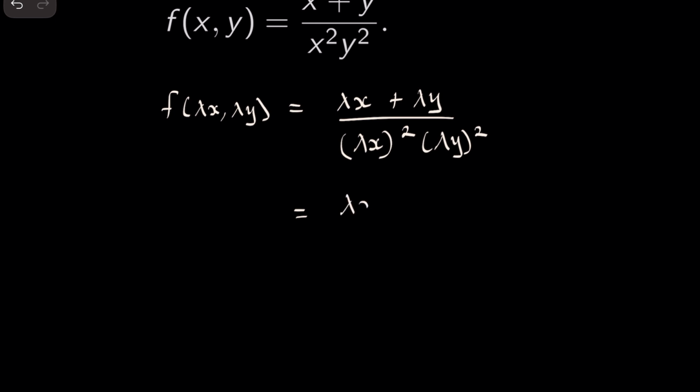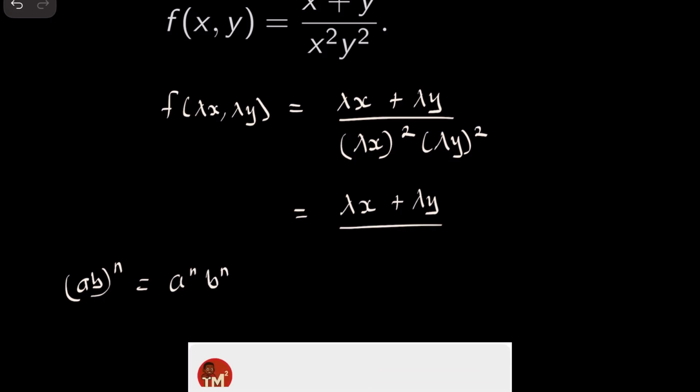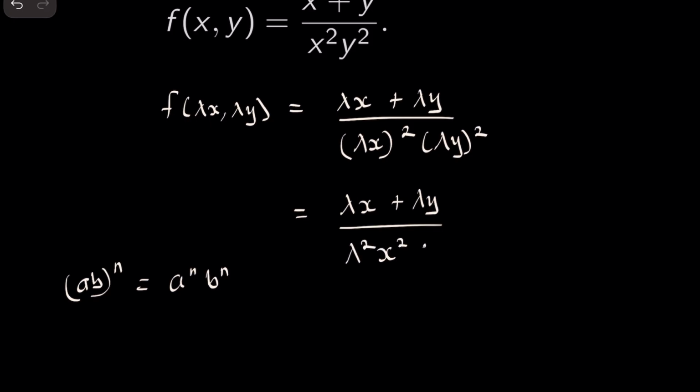From indices, if we have a b all exponent n, this is the same as a exponent n, b exponent n. In the same way, our denominator is lambda squared x squared plus lambda squared y squared.